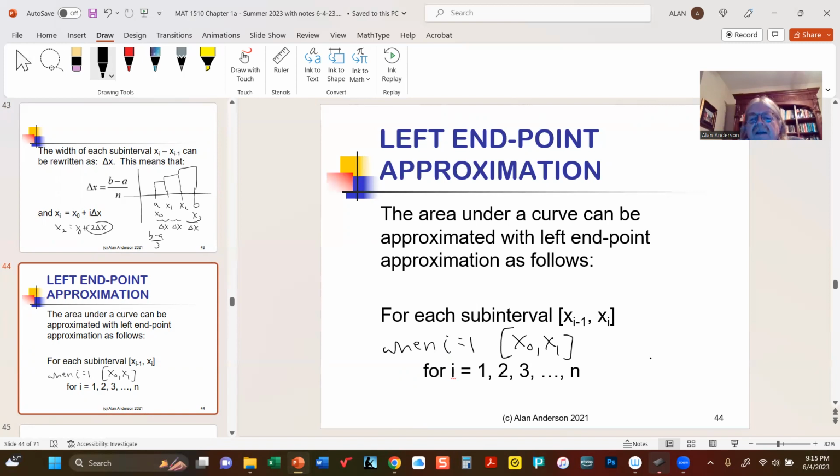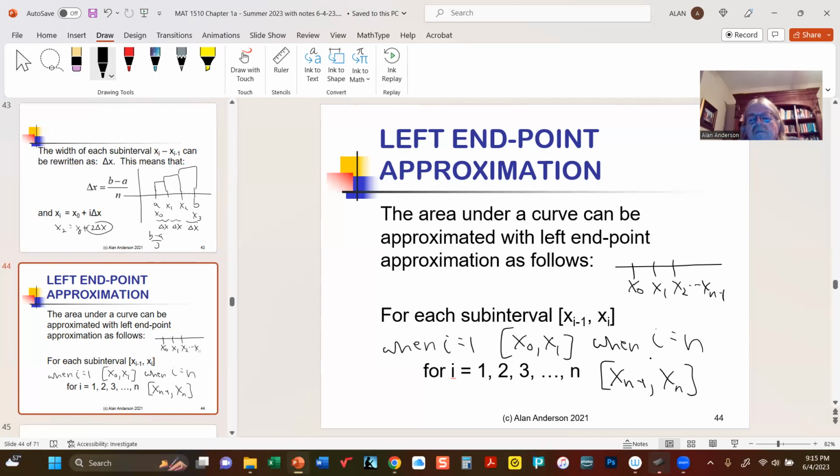When i equals n, then that means that we're looking at the last interval, so that covers all of them.